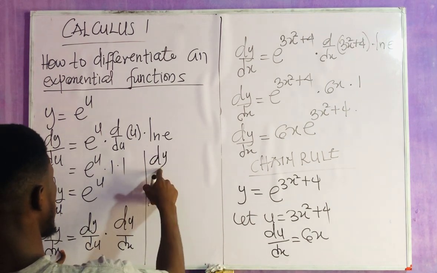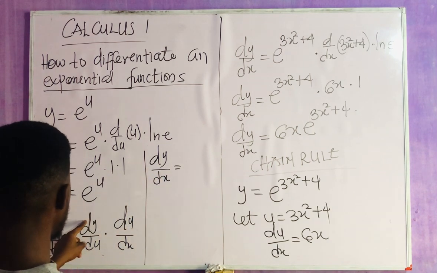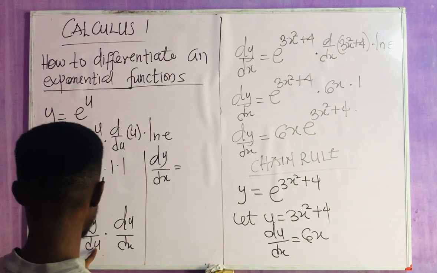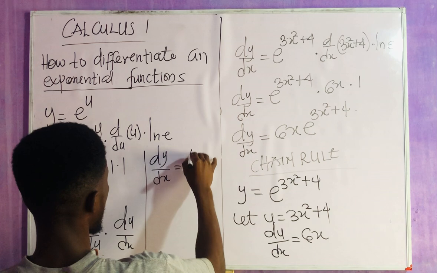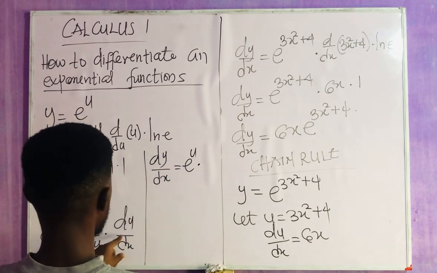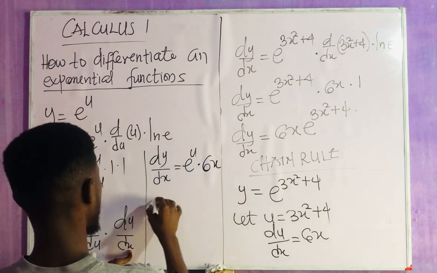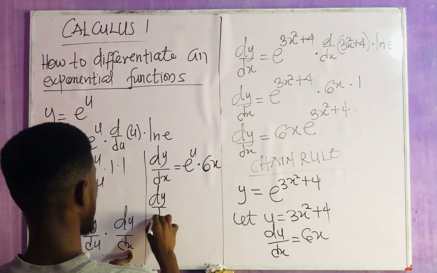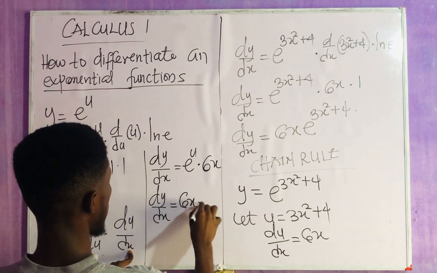So now I have dy dx is equal to dy du, which is e to the power u, multiplying du dx, which is 6x. So dy dx will be 6x e to the power u.